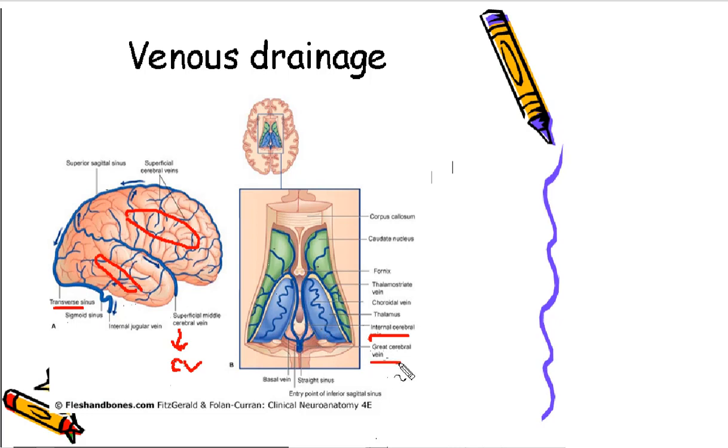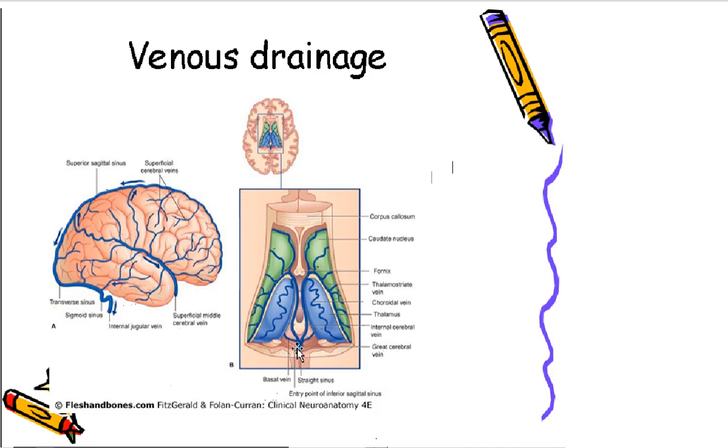So we have these two internal cerebral veins, and from either side they join up together to form the great cerebral vein. And this great cerebral vein also drains part of the internal capsule, which is drained by a vein called the basal vein. So that's why you have these basal veins also opening into the great cerebral vein. Now let's follow these veins in the next image.